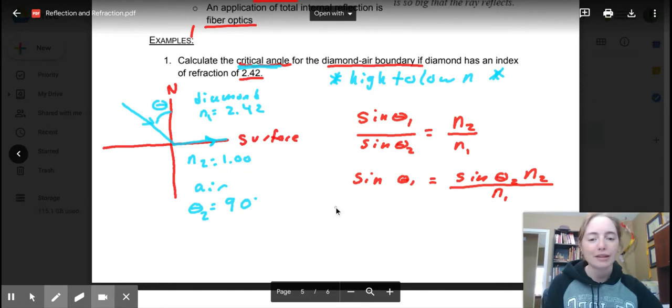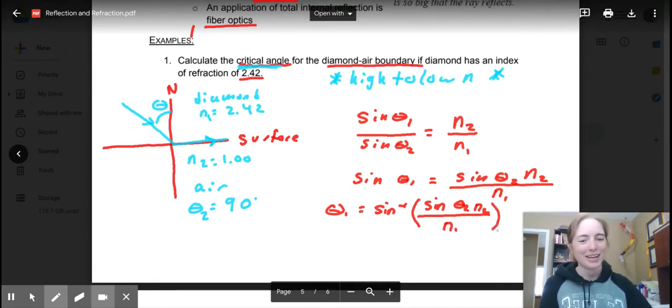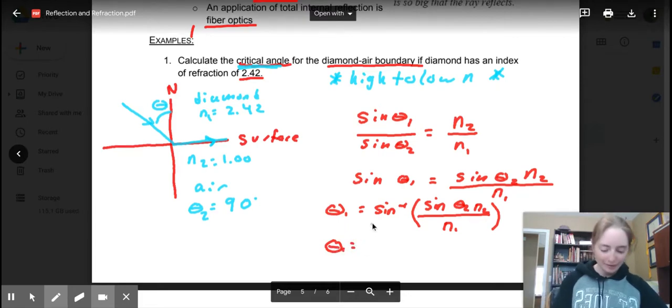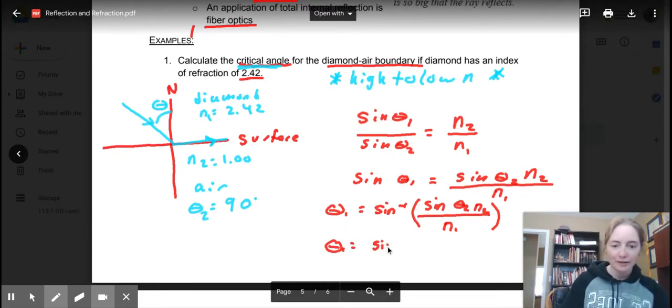And in order to get my theta, I'm going to take the sine negative 1 of sine theta 2 times N2, divided by N1. All right, so I'm going to plug my numbers into my calculator: sine negative 1 of sine of 90, multiplied by 1.